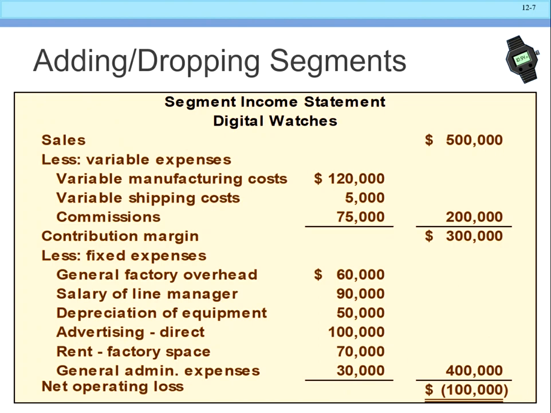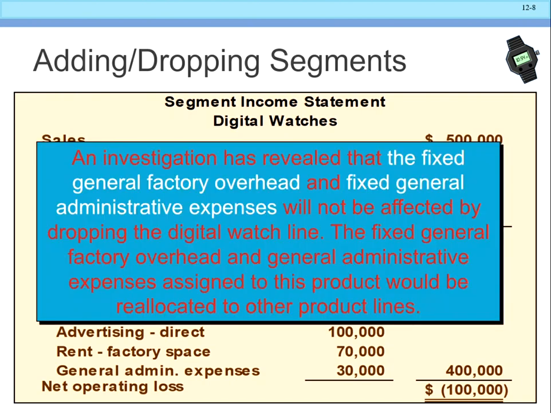Let's get deeper into understanding what costs are within this segment and how these costs behave. What will happen to the costs if this division is closed?